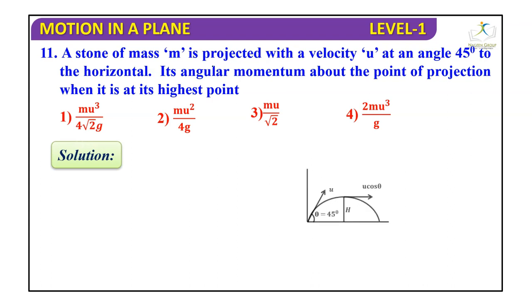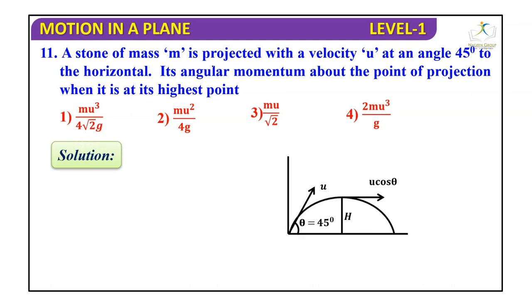Now moving to the solution part, as you can see, I throw a body with the velocity u. So theta is equal to 45 degree, at the maximum height. Angular momentum L is equal to r cross p, or mvr.